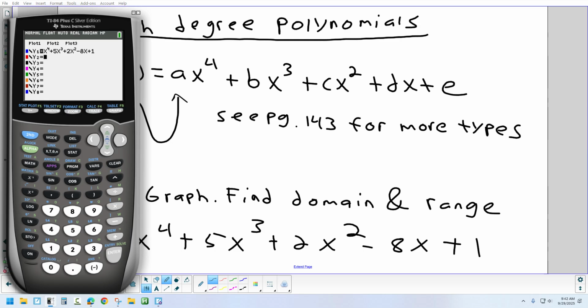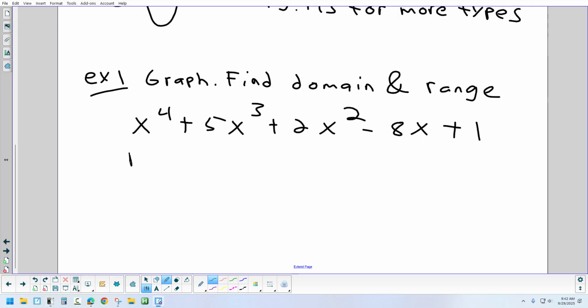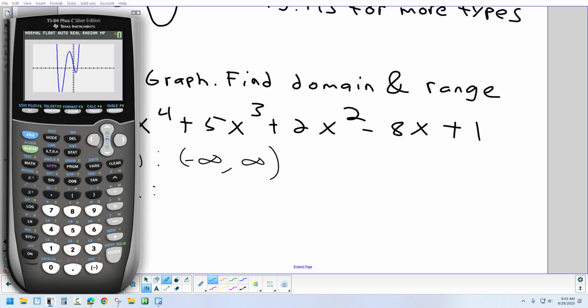Range, well, that I don't know. But I can graph it and figure it out. Okay, so let's start with domain. All real numbers. And range. Well, does this polynomial look like it goes up forever or down forever?